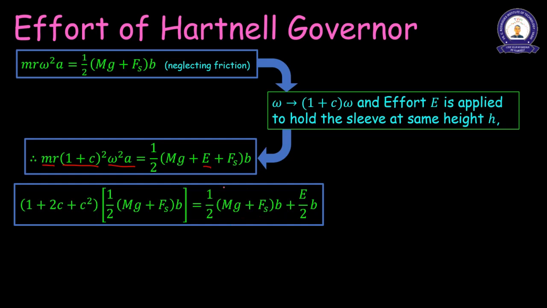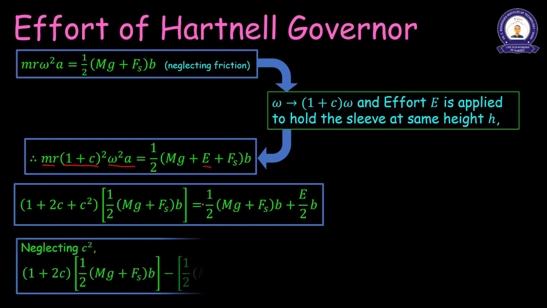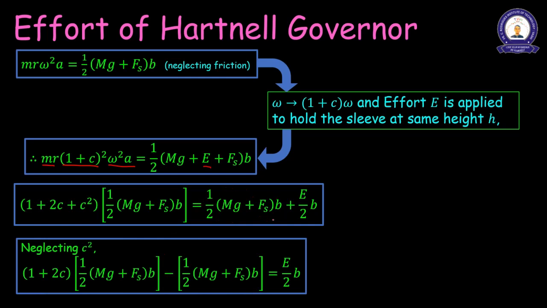Subtract this term from both the sides. So this term will vanish from this side, and on the left hand side I will get, neglecting the C square as it is small, 1 plus 2C into bracket 1 by 2 mg plus Fs B minus 1 by 2 mg plus Fs into B is equal to E by 2 into B.